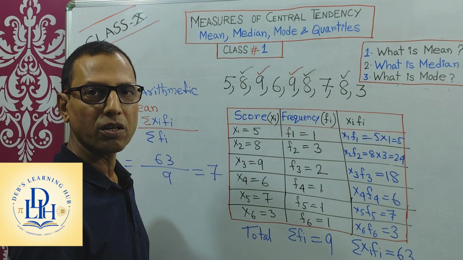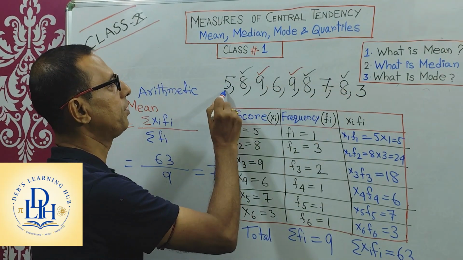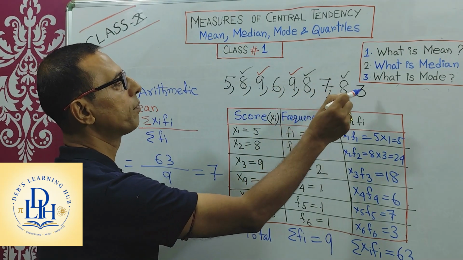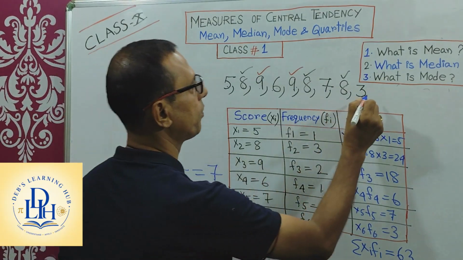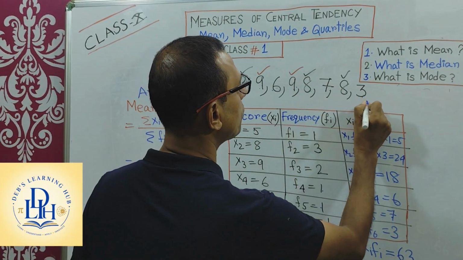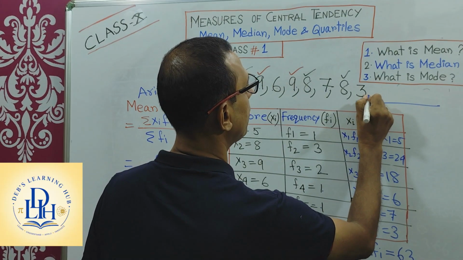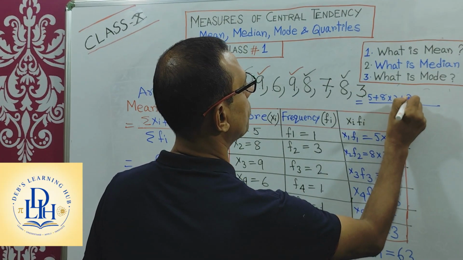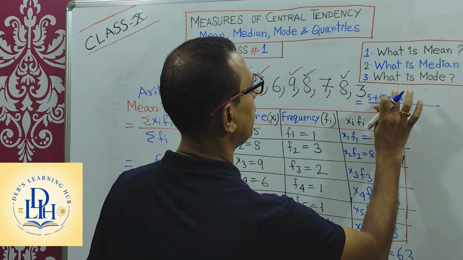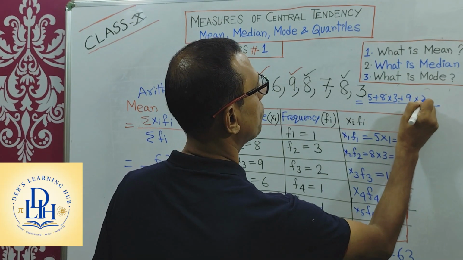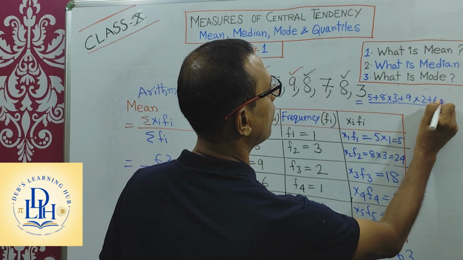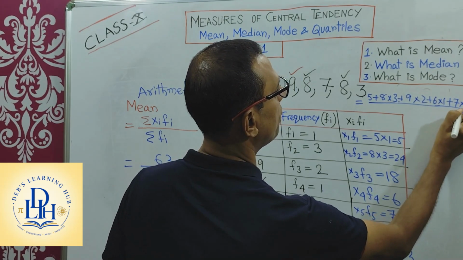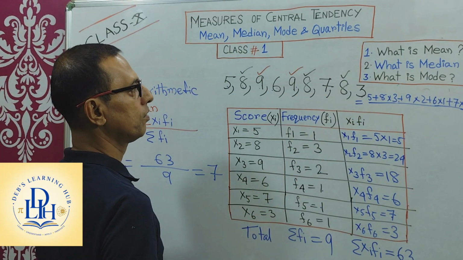And now, without tabular form, you can also write 5 into 1 plus 8 into 3 plus 9 into 2 plus 6 into 1 plus 7 into 1 plus 3 into 1, divided by the total frequency.